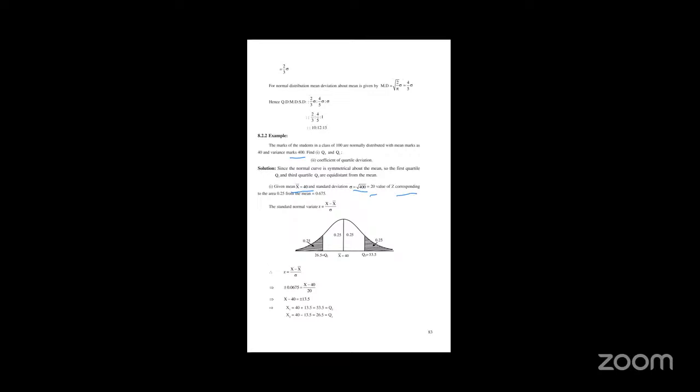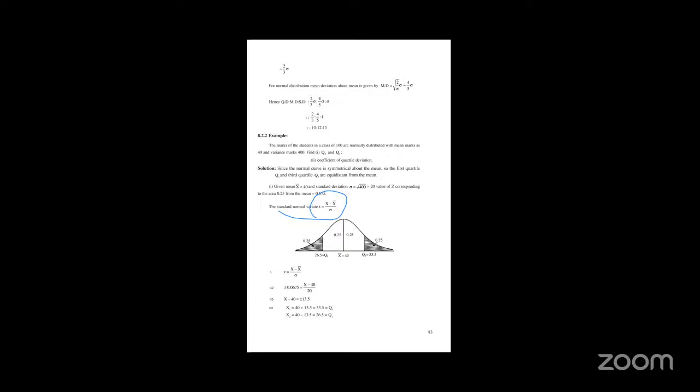So Z corresponding to the area of 0.25 from the table is 0.675. So how to find the standard normal variate? We have the formula Z is equal to X minus X bar by sigma.